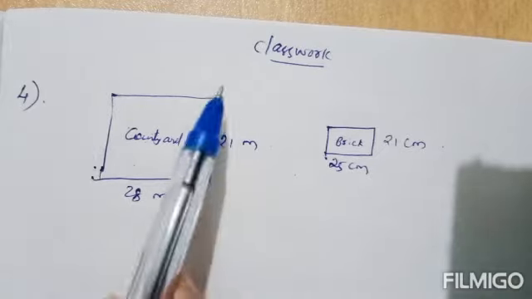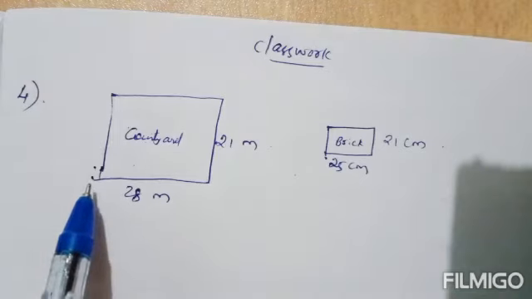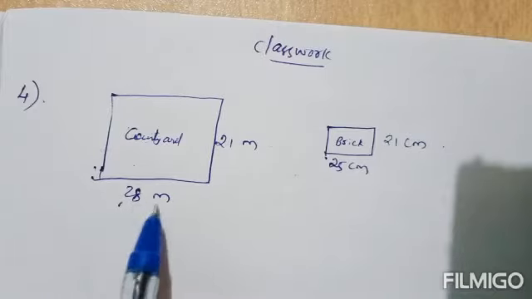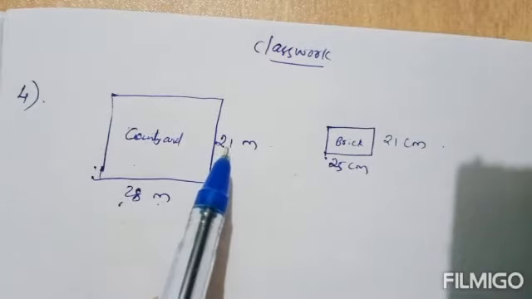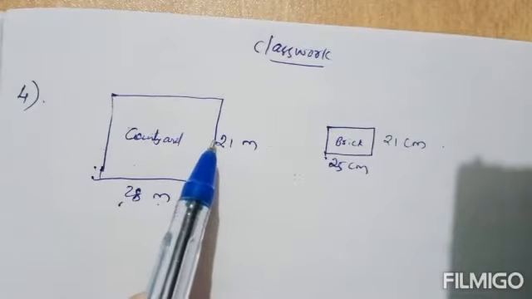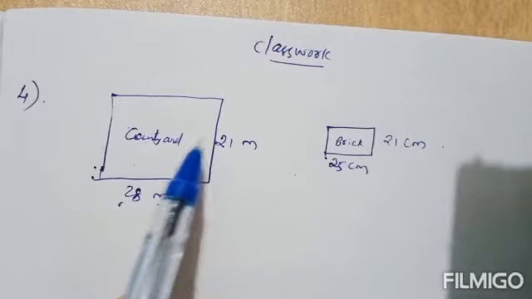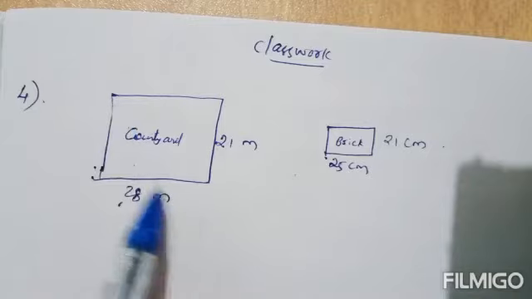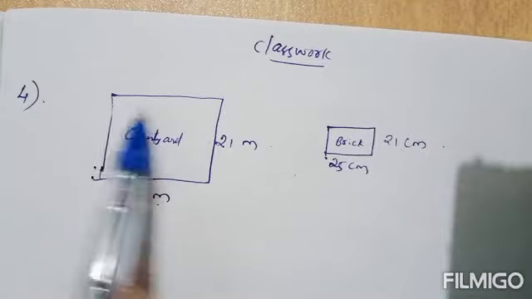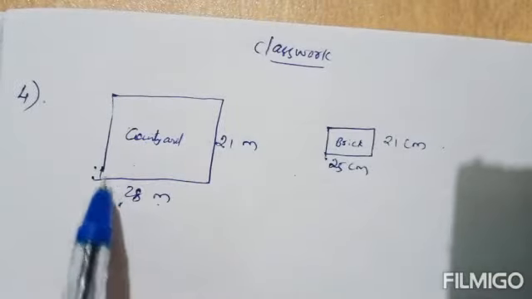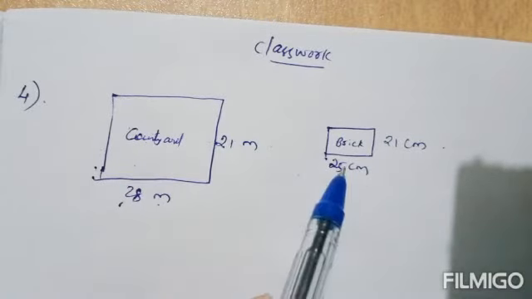So, a courtyard, it is given. It measures 28 meter by 21 meter. That means its length is 28 meter and breadth is 21 meter. How many bricks each 25 centimeter by 21 centimeter are required for paving the courtyard? This courtyard is covered using bricks.